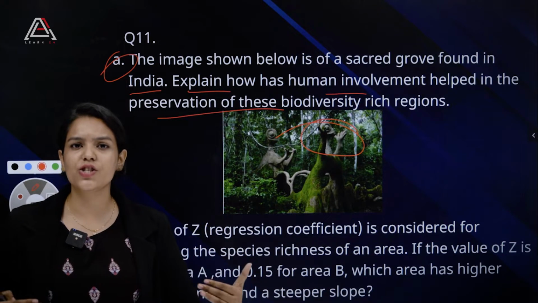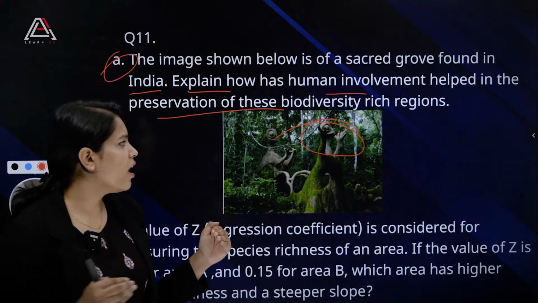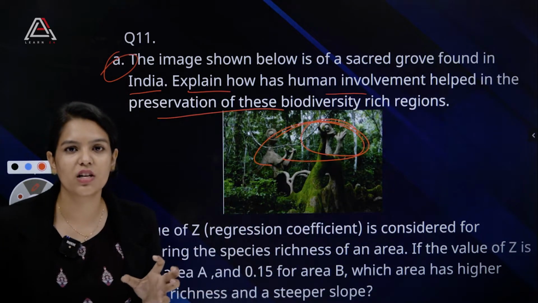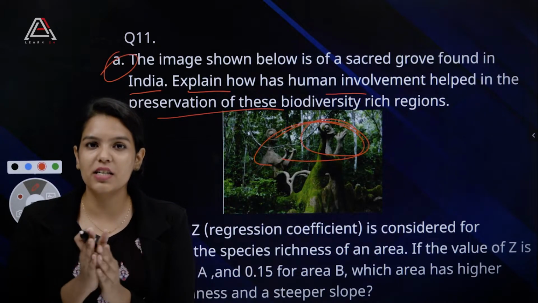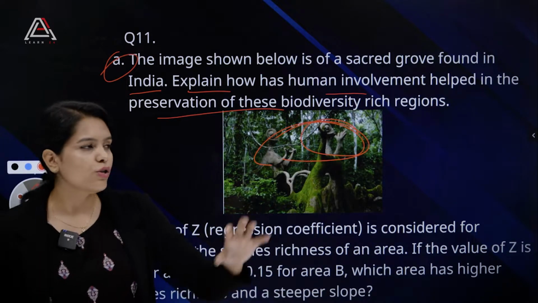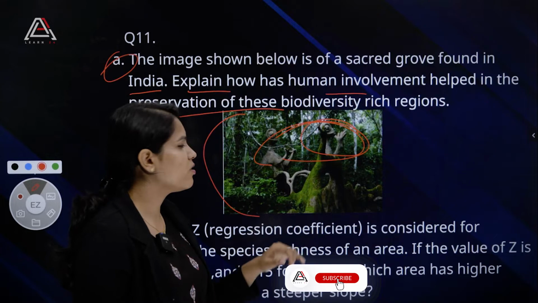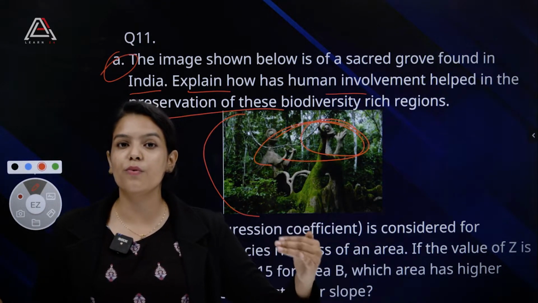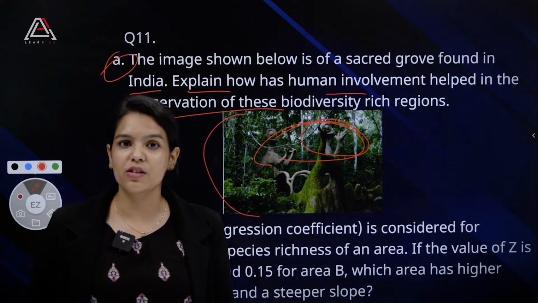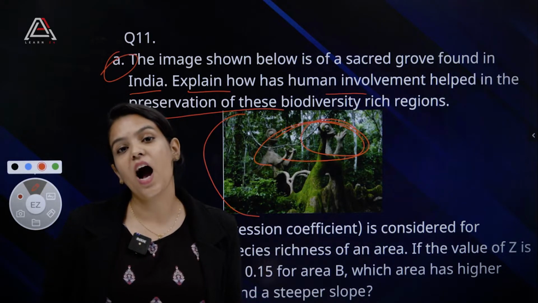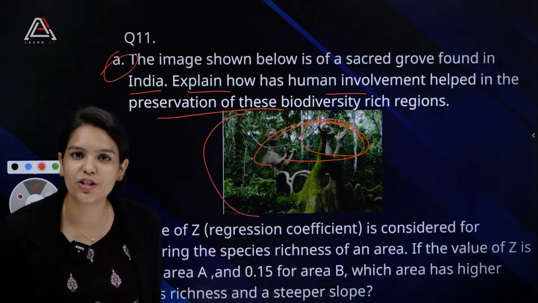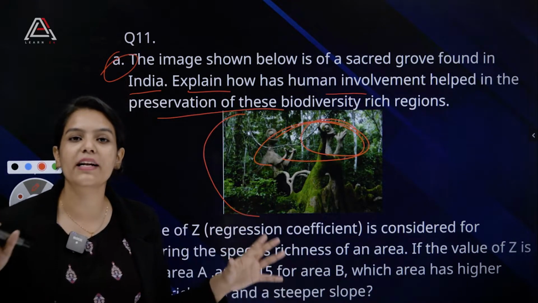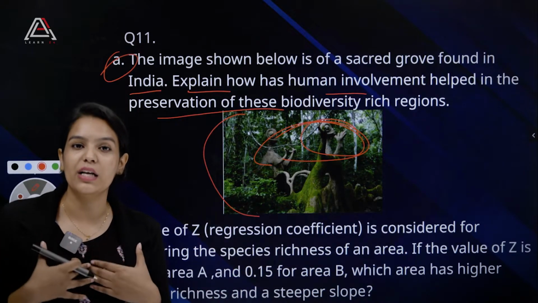In various religious beliefs, we always make sure to conserve and protect them. So the sacred groves are lands which are protected by us humans because we have some sort of religious or cultural beliefs about that particular area. That is how that area is protected by us humans.